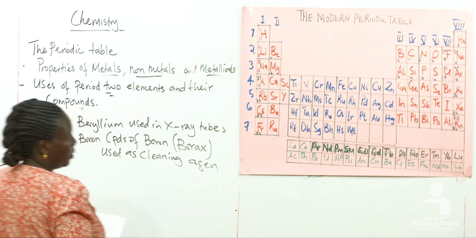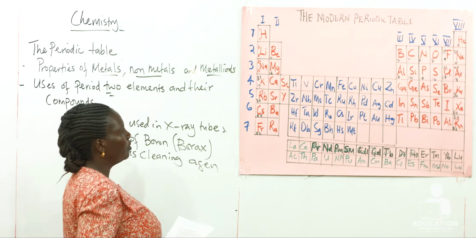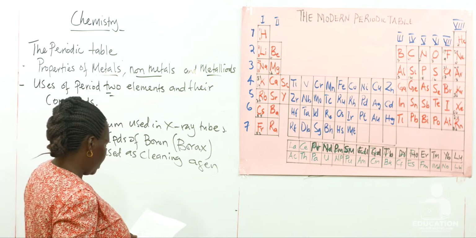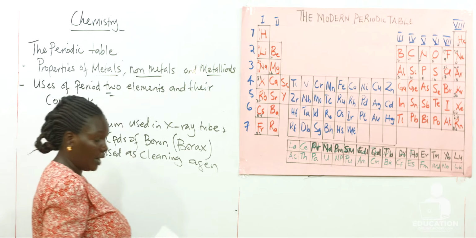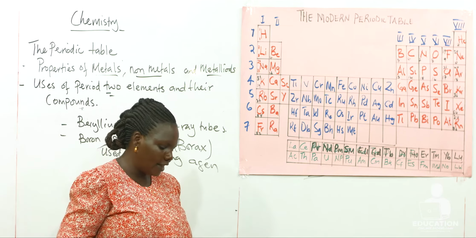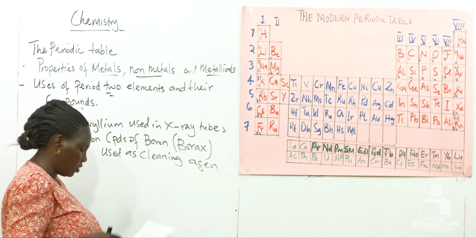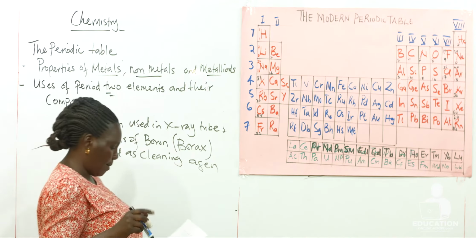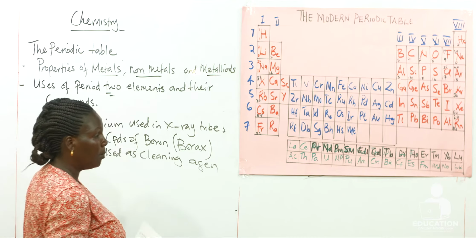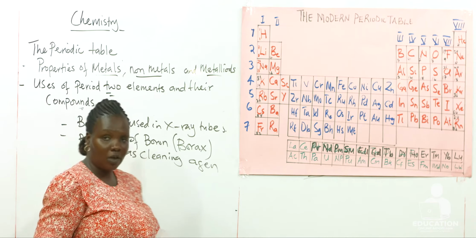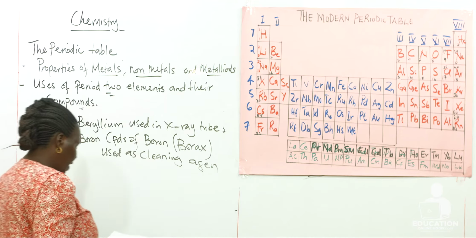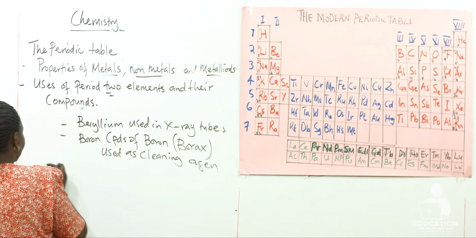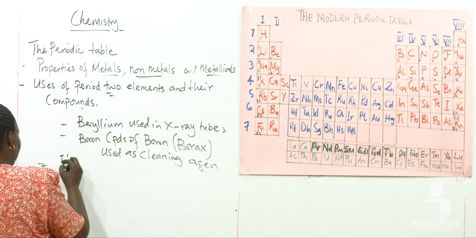Then we come to carbon. After boron, we have carbon. Carbon is one of the primary elements that we find widely in the molecules of our life, in our bodies. It is the second most abundant element in the human body. We find it in most of the molecules in our tissues.